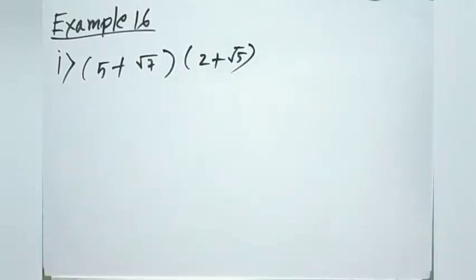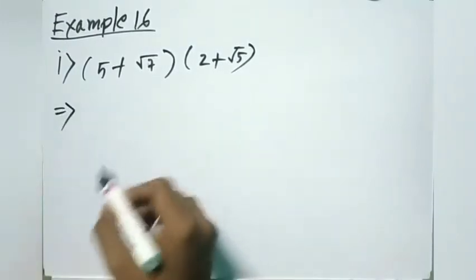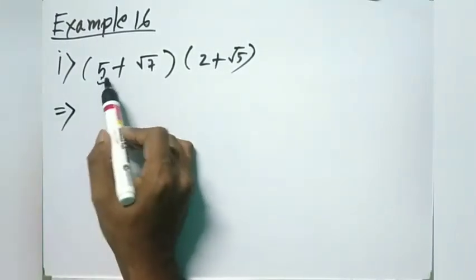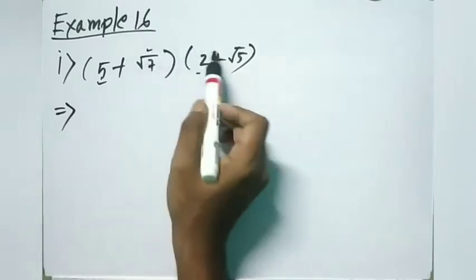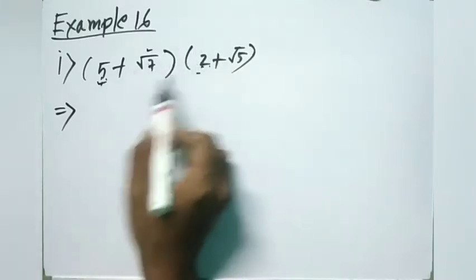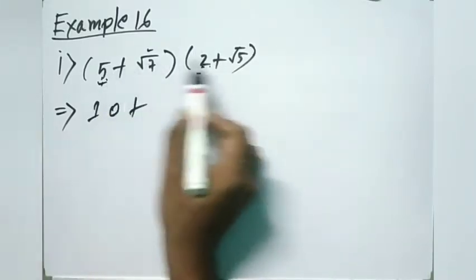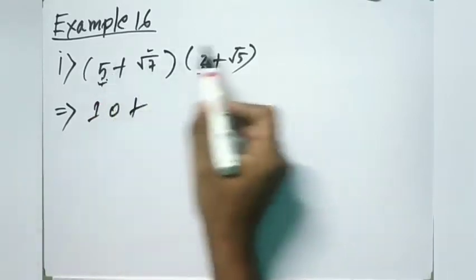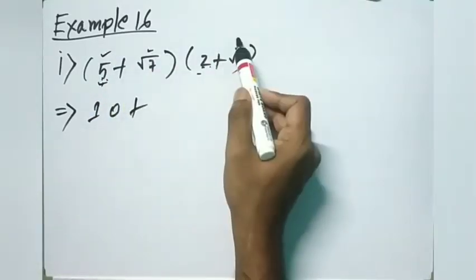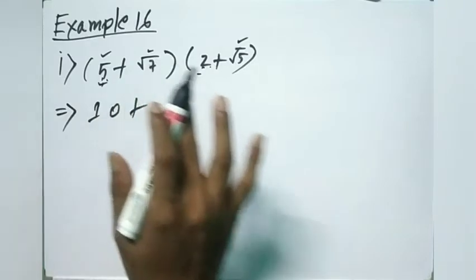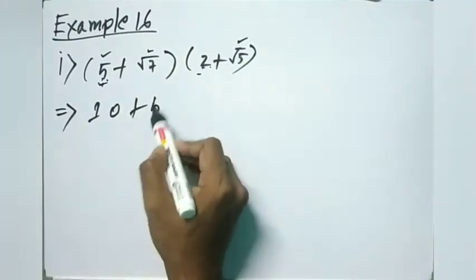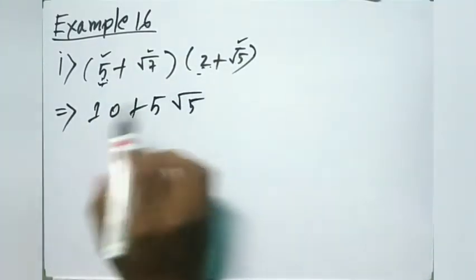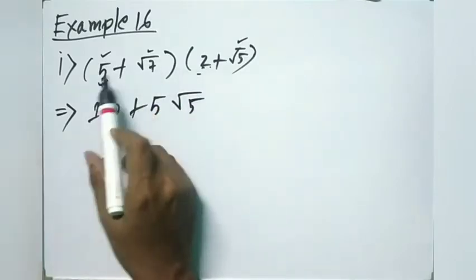How can we simplify this expression? Just multiply this one with this and then this one with this. So 5 into 2 is 10, plus 5 root 5. We cannot multiply a rational number with an irrational number inside the square root part, so we can write it in this way.